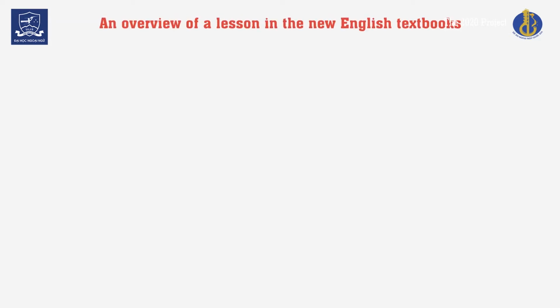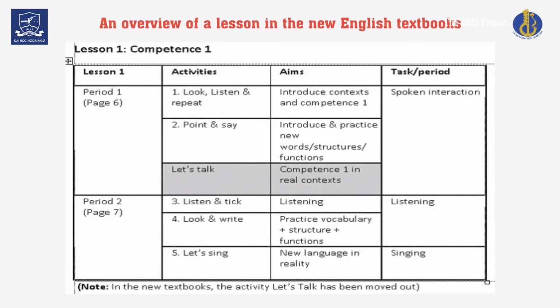Here we look at lesson 1 in a unit in the new textbook Tiếng Anh 4. We see that the lesson aims at developing only one competence on the pupils. As you can see, lesson 1 in the new English textbook 4 has 5 activities.